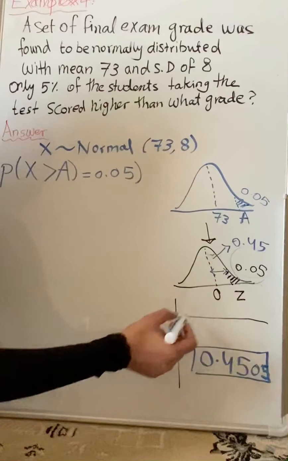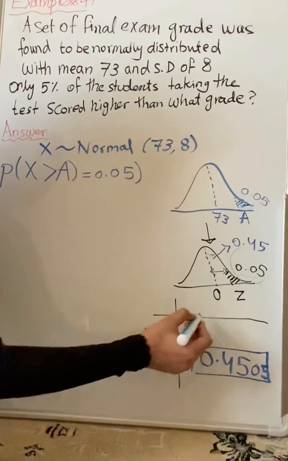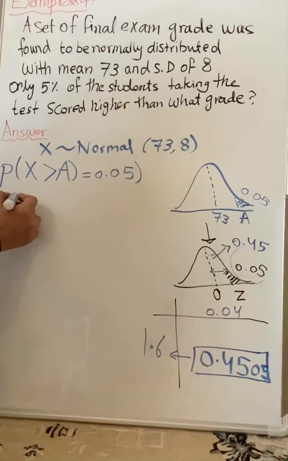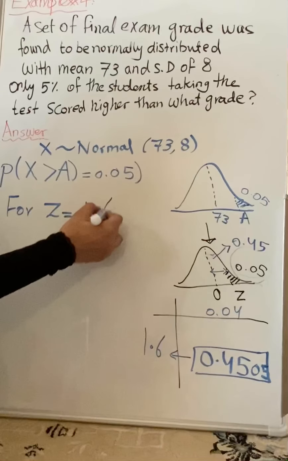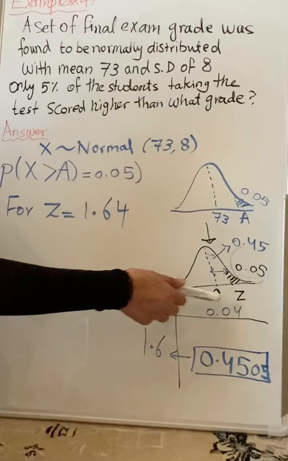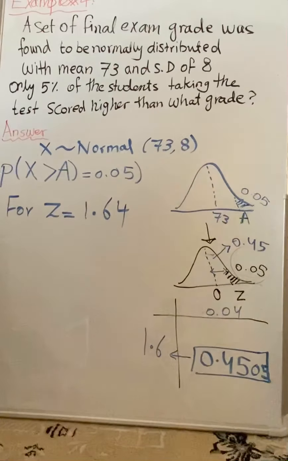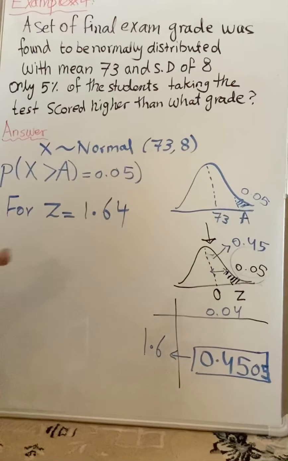Okay, and that is when your Z is equal to 1.64. So we have found when we will have 5% here, when your Z is equal to 1.64. So if you know that your Z is 1.64 in this place, what will be your A, or what will be your X value on that?